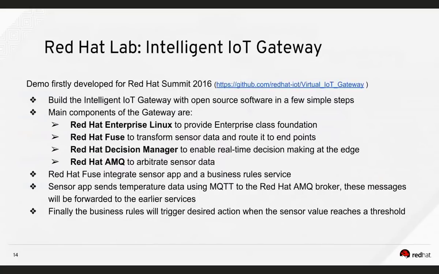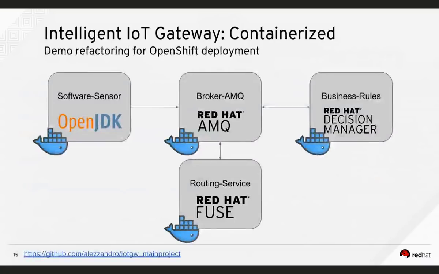These messages are forwarded to a business rules service that finally triggers a DC reduction when the sensor value reaches a threshold. As you can see, the demo uses all Red Hat products: Red Hat Enterprise Linux, Fuse, Decision Manager, and MQ, and it represents an example of an intelligent gateway on the edge.